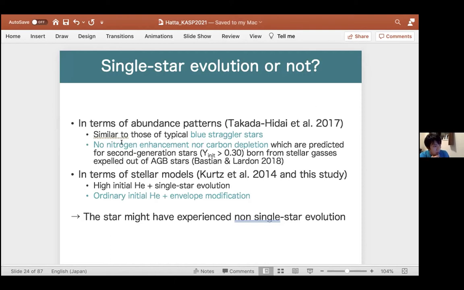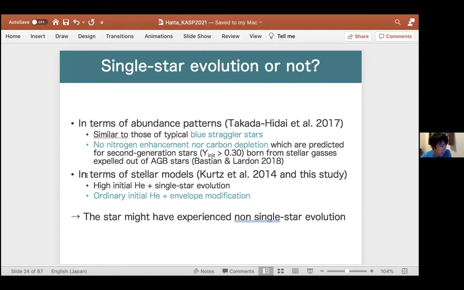These features are very important because in some globular clusters, there are very peculiar single stars with high initial helium abundance, about 0.3 or larger, and all of them exhibit this property. In the case of KIC 1114512, there's no nitrogen enhancement, no carbon depletion. So this star is not such a peculiar single star.